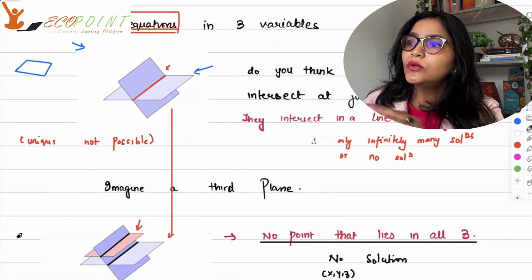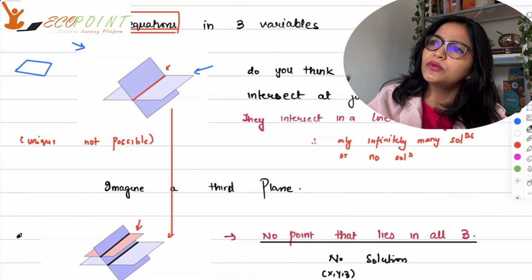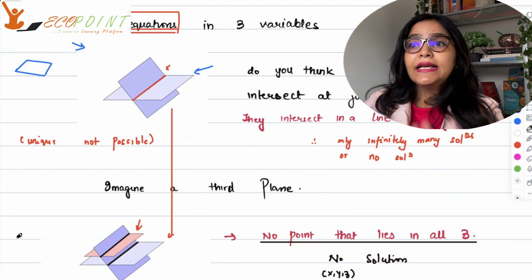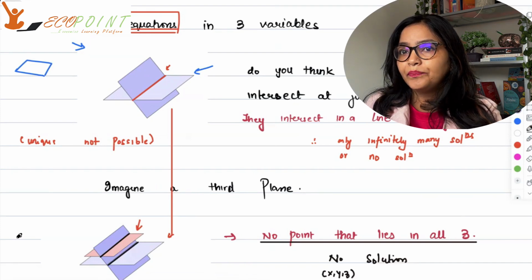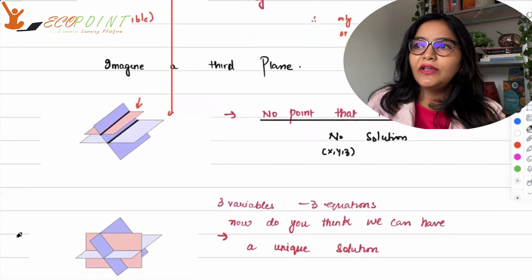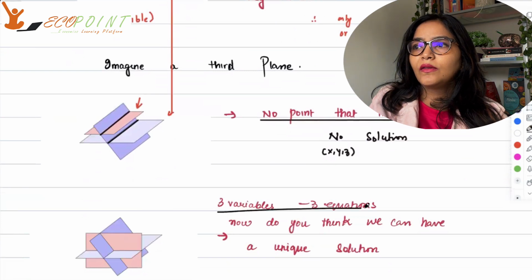Okay? So yes, no solution is possible, which was possible when I took two equations in three variables also. It's possible even when I take three.